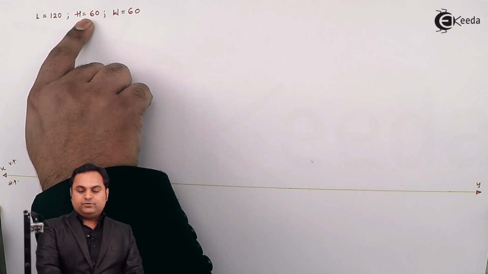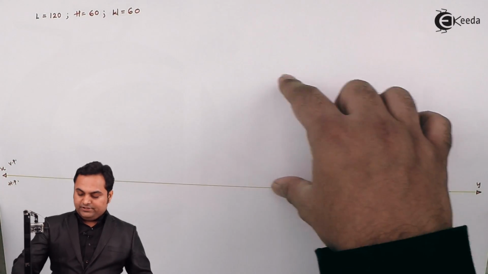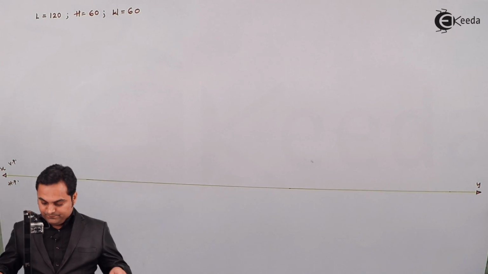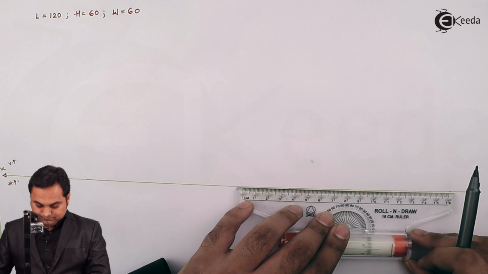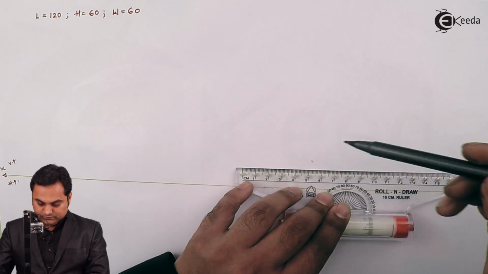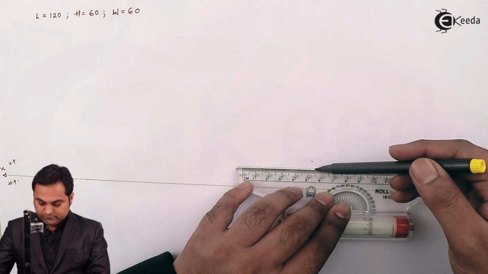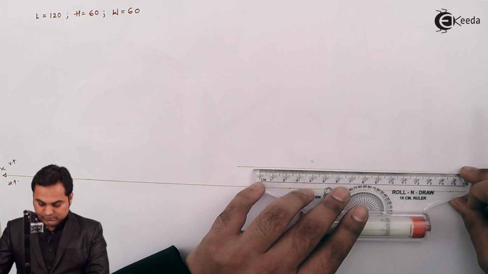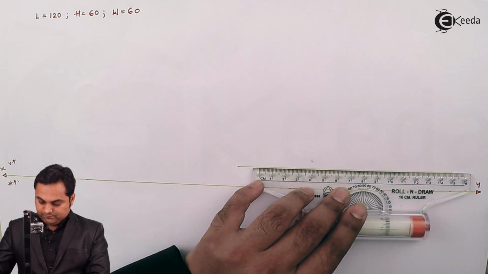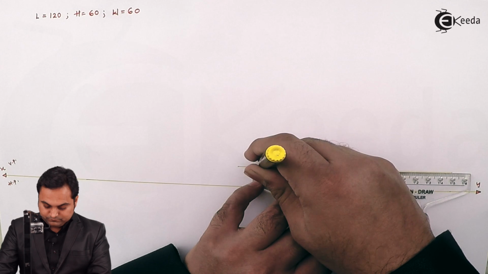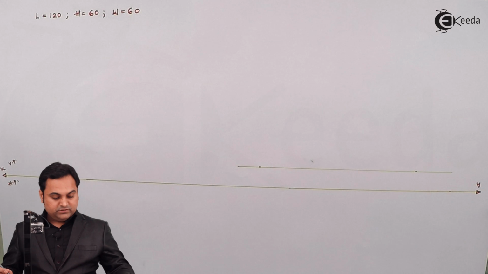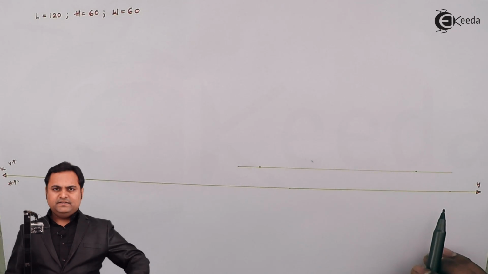Total length is 120 and total height is 60. So first I'll draw the rectangle of 120 by 60. I'm marking 120 over it. The length is 120, height is 60 mm.